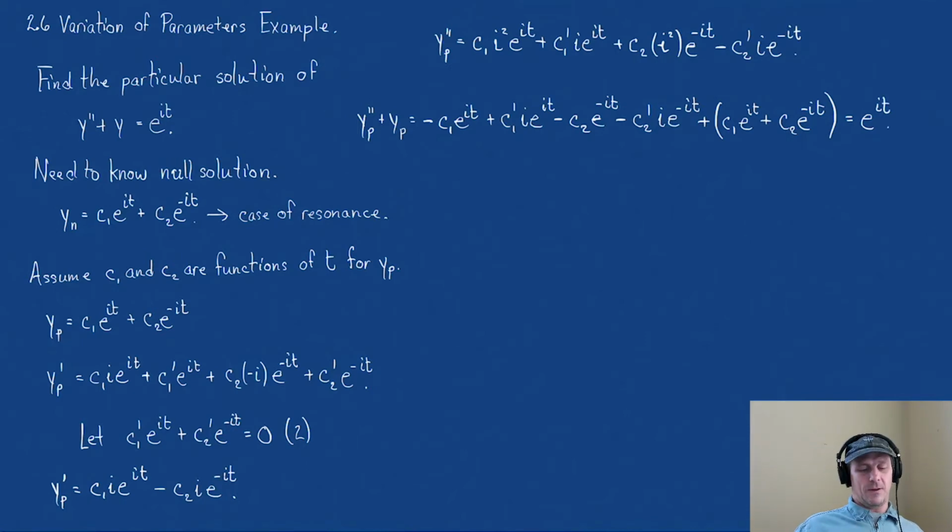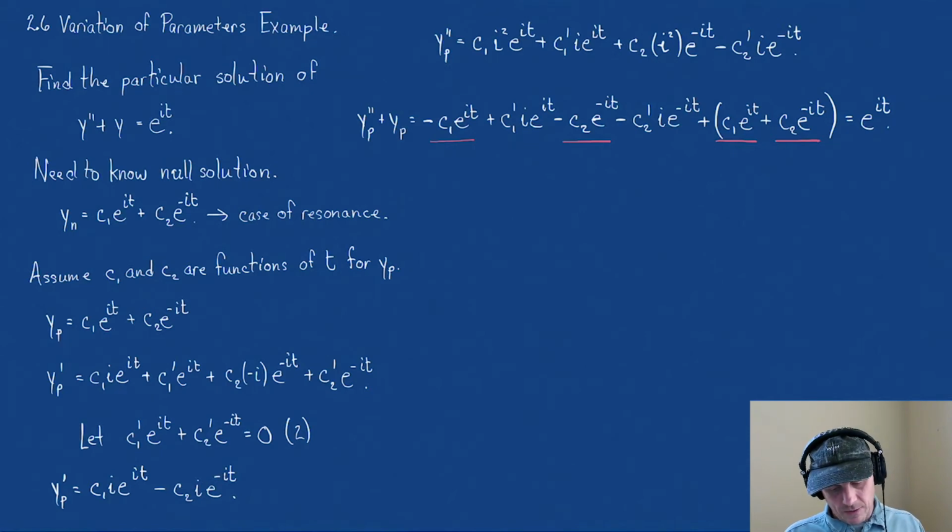Wow. Okay, where do we go from here? Well, now we need to grab a red pen. Because, look at this, here's a minus C1 e to the it plus C1 e to the it. And here's a minus C2 e to the minus it plus C2 e to the minus it. Those are all just opposites.